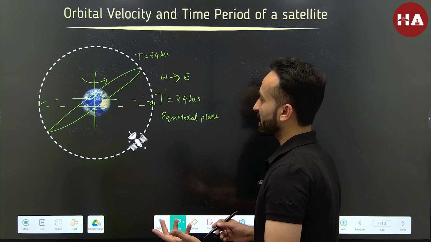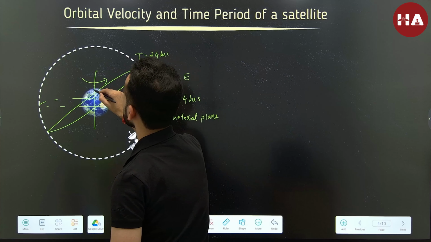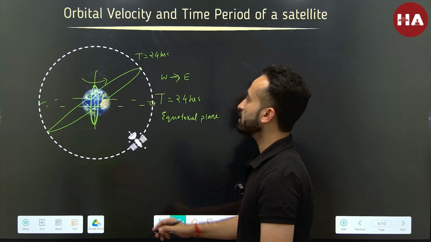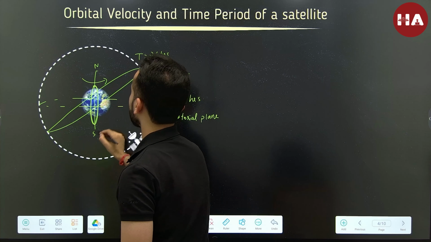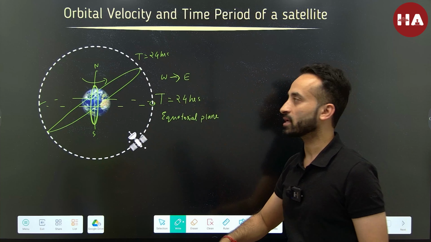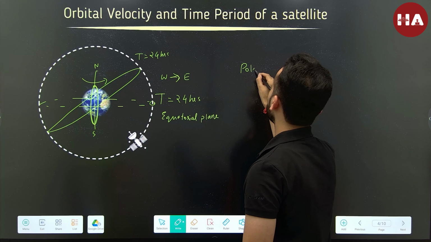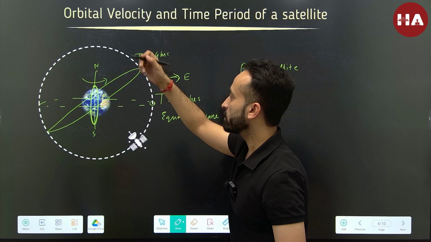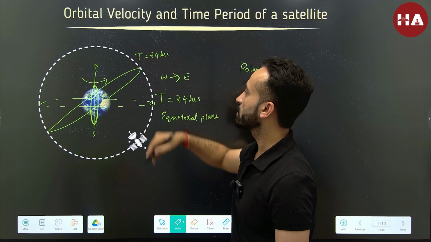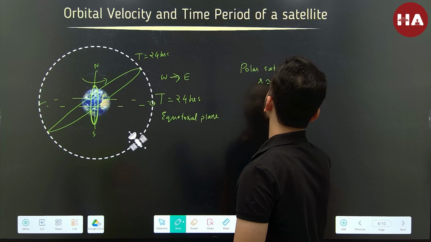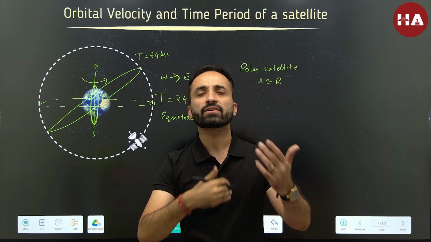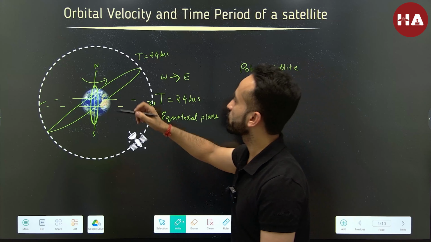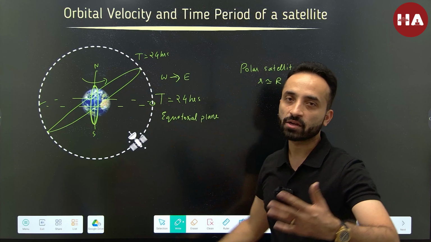Rest, as I was telling you, we can have satellites very close to the Earth, specifically across the North Pole and the South Pole. In the polar orbit, such satellites are called polar satellites, which revolve in this fashion, where the radius is approximately equal to the radius of the Earth, as they are revolving at a height of just 200 or 300 kilometers. So they are very close to the surface of the Earth.